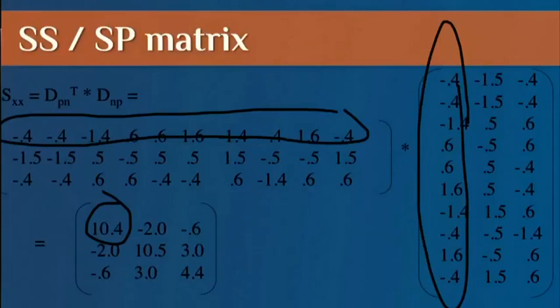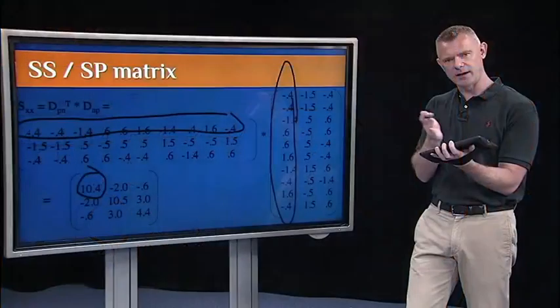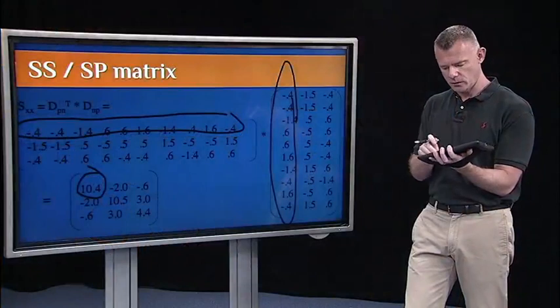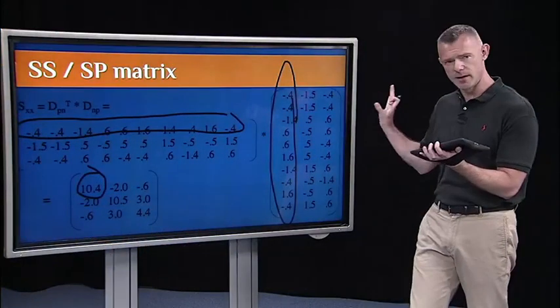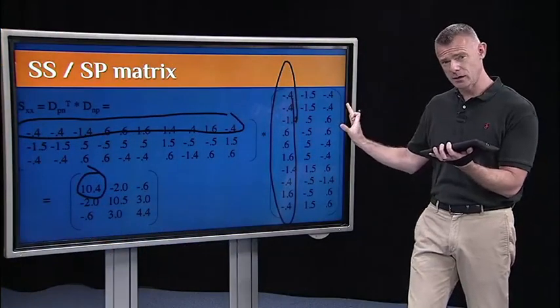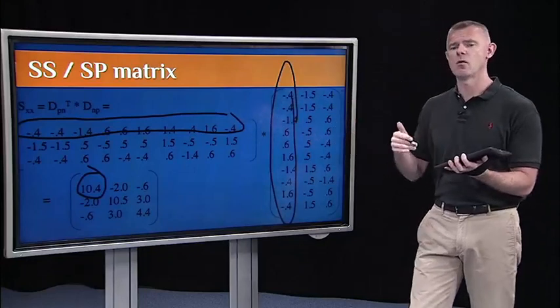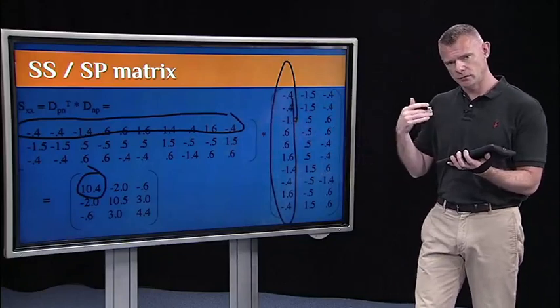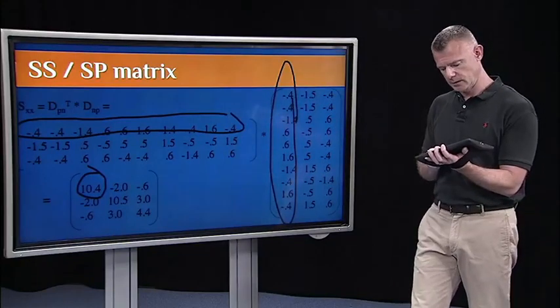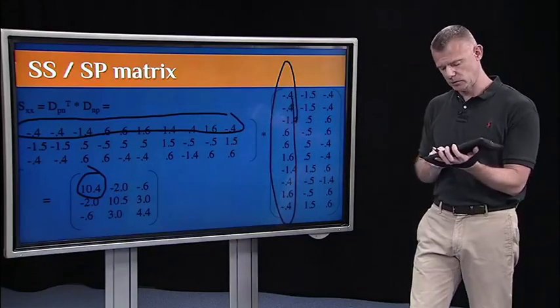Pretty cool, huh? How do I get sum of cross products? Well, it's just by doing x and y, same thing. So this is a really nice trick and a fundamental piece of statistics that in matrix algebra, there are some special matrices that correspond to really conceptually important pieces of basic stats and multiple regression.